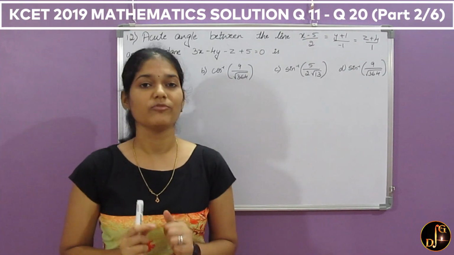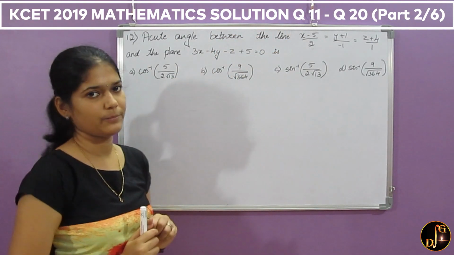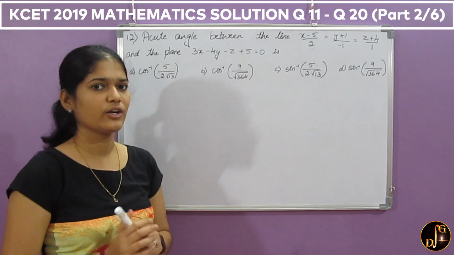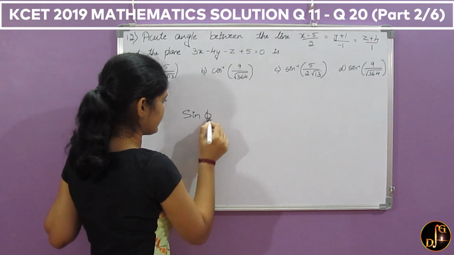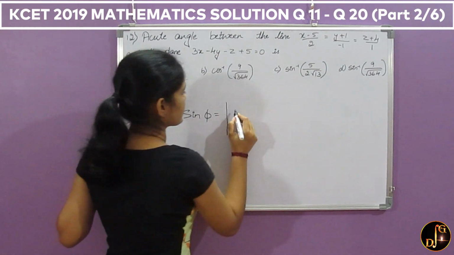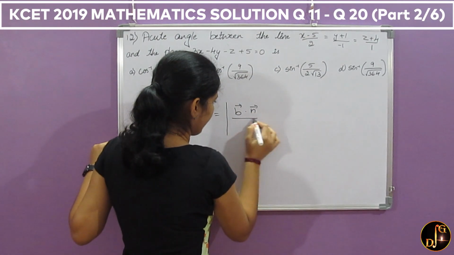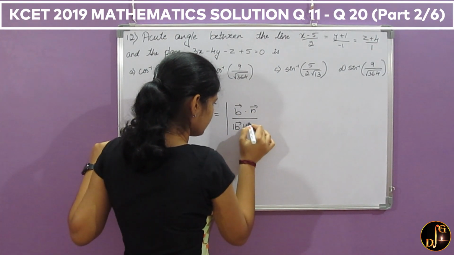In this problem, we have to find the acute angle between the line and the plane. We know the formula to find the angle between line and plane, right? What is it? That is nothing but sin phi is equal to modulus of b dot n divided by modulus of b into modulus of n.